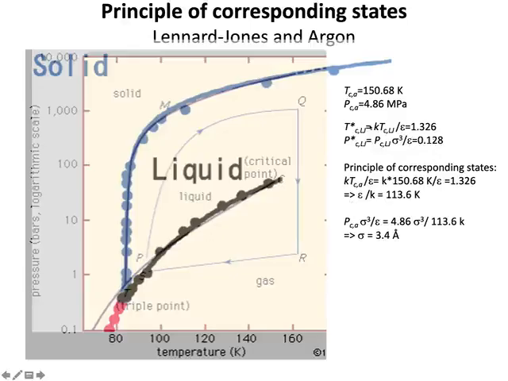And here you see, when we then use the principle of corresponding states, that the critical temperature of argon should correspond to the critical temperature of Lennard-Jones. This gives us a value for the energy parameter of Lennard-Jones from the principle of corresponding states.